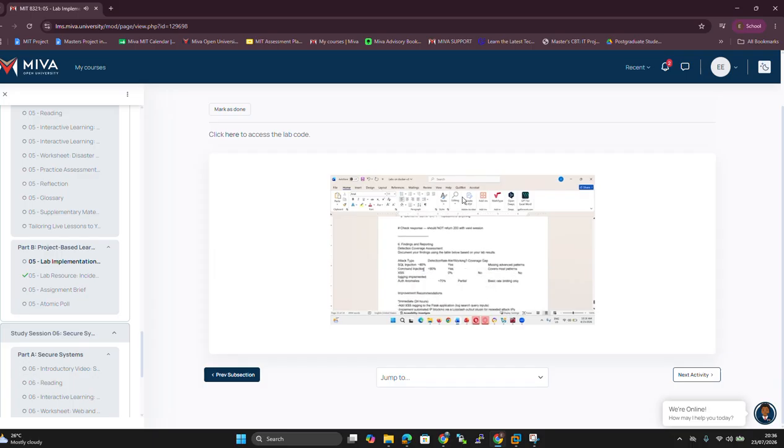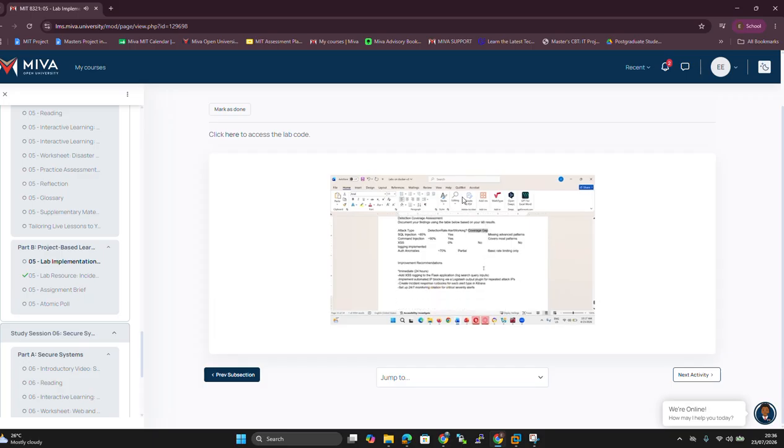Then findings and reporting. When you're done with this, you're supposed to have a report. There's a sample table with the attack type, what attack type was simulated, the detection rate, the alerts created, whether they're working, yes or no, and then the coverage gap we identify. And then I've talked about improvement recommendations.